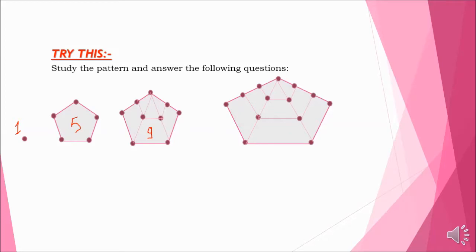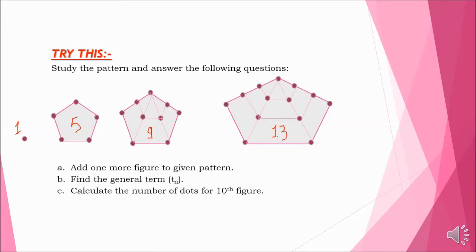Now it's a pattern, isn't it? I think it's like the construction of a chimney type of pattern. You can see this type of chimney in your kitchen. Now this is our fourth figure, and the number of dots here is 13: 5 on each corner, 6, 7, 8, 9, 10, 11, 12, 13. So 13 dots. So it's linear, and the question is the same.